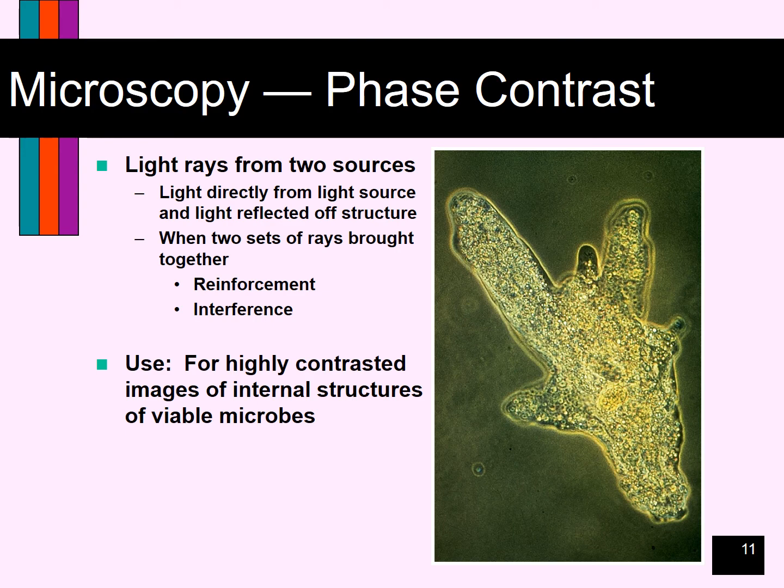So if you think about bacteria and prokaryotes not really having any membrane-bound organelles or a membrane-bound nucleus, this is not a type of microscope that we would use a lot to look at bacteria. But it's really fun to look at the protists using the phase contrast microscope.